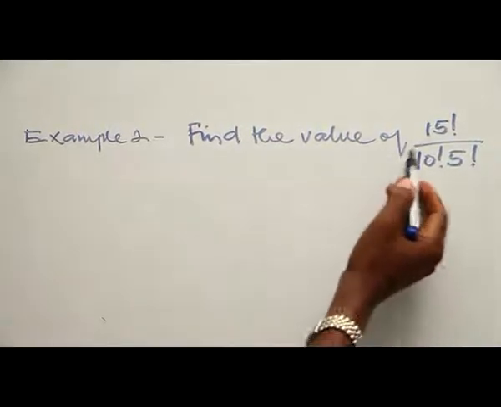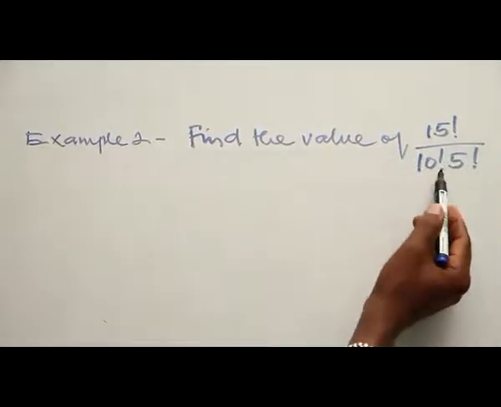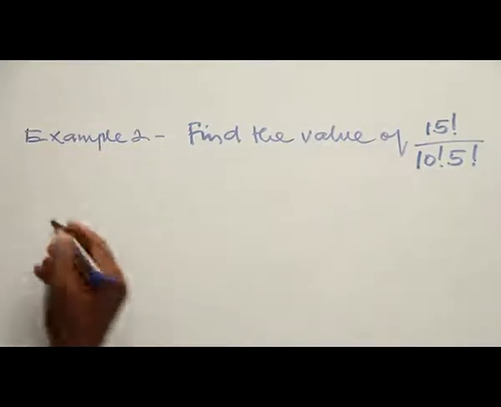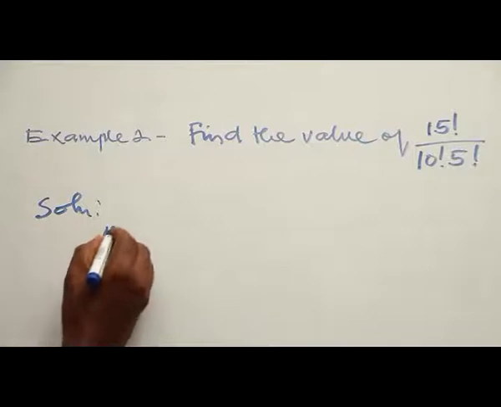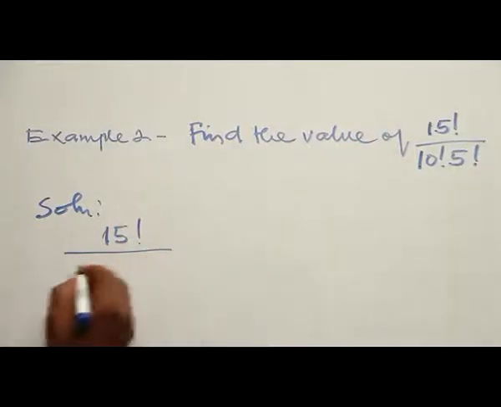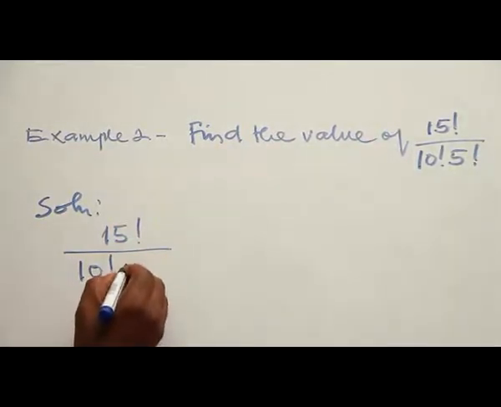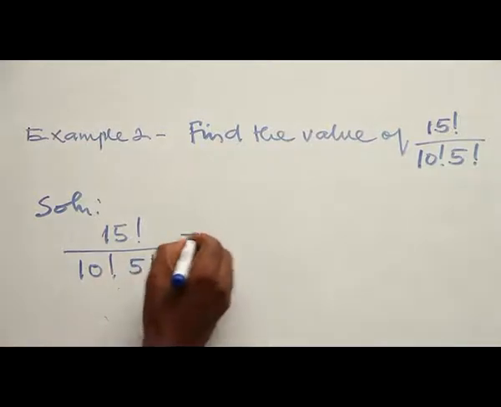Example number 2. Find the value of 15 factorial all over 10 factorial times 5 factorial. Your solution: we have 15 factorial all over 10 factorial times 5 factorial.